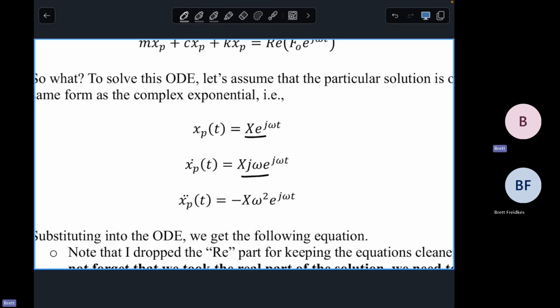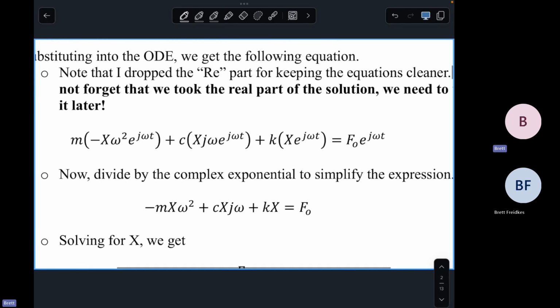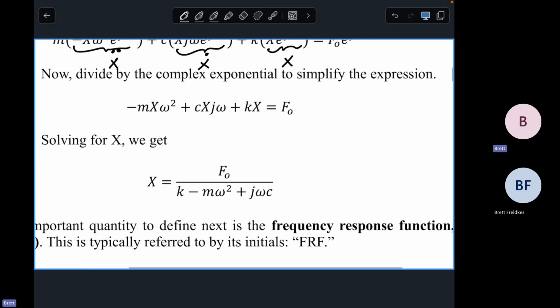So we assume the solution, we take derivatives, the j omega comes down. We will plug that in. So here's the x double dot. There's the x dot. There's the x. All the exponentials cancel. And we can go ahead and solve for x.